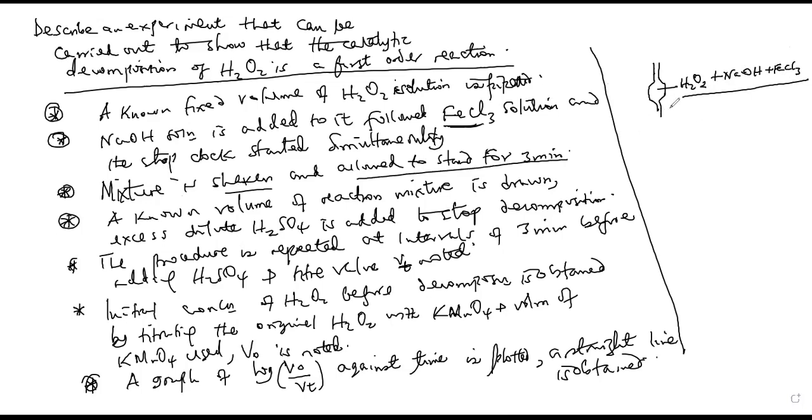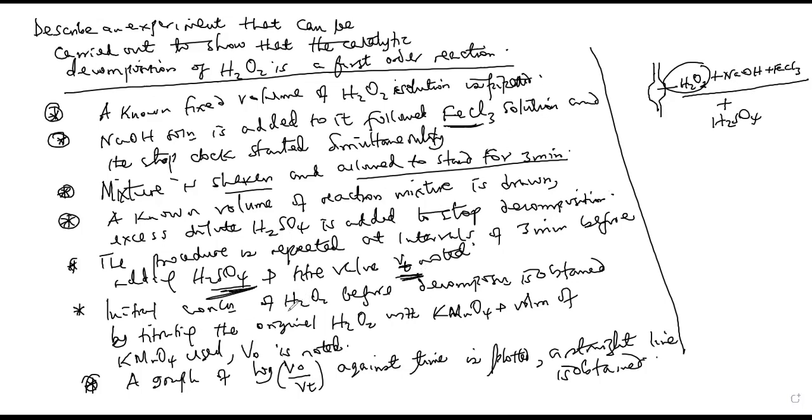Then you draw a known volume of the reaction mixture and add sulfuric acid so that you stop hydrogen peroxide from decomposing. You repeat the procedure for some minutes, so that you get the volume at which full reaction takes place.